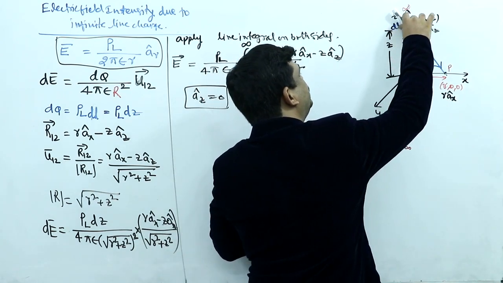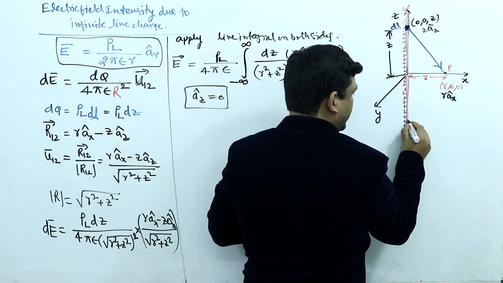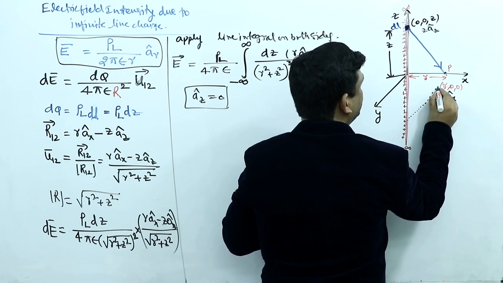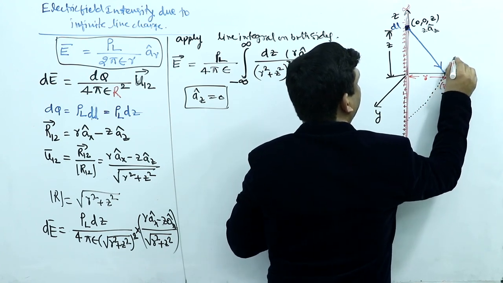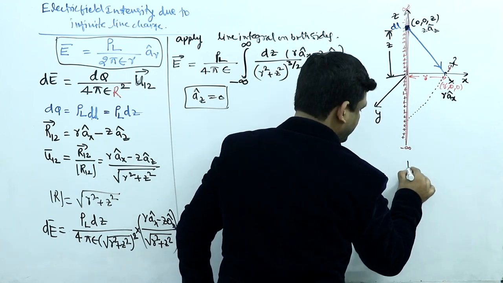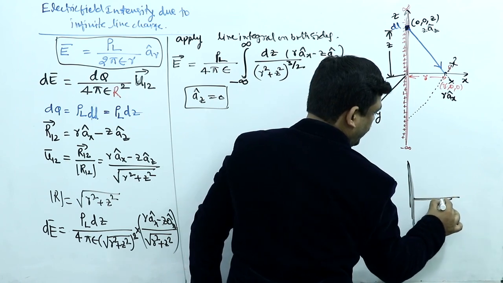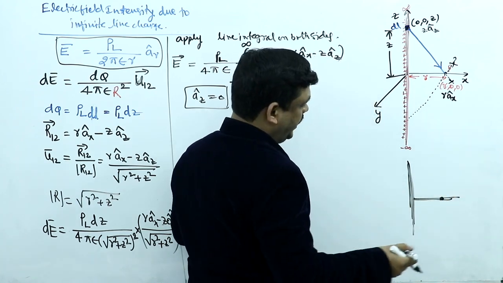When a force acts on this point like this, and similarly another force acts from the other side, finally this axis and this axis components cancel. Let me draw it: the infinite line charge is here, and one point is located here, right?